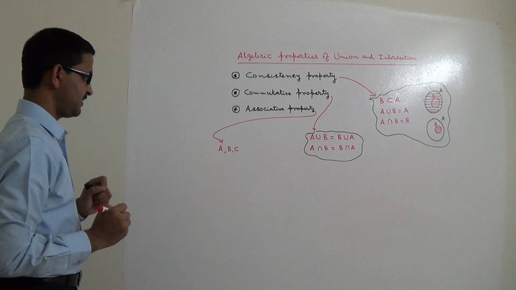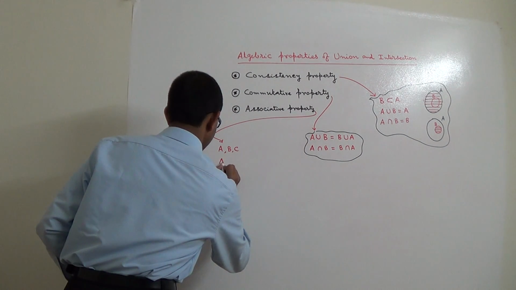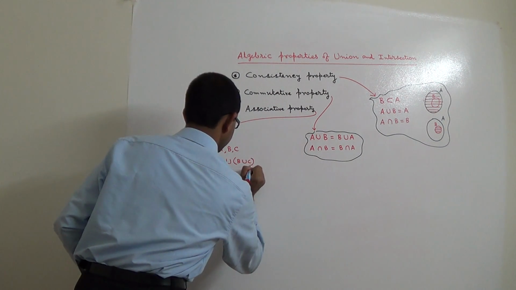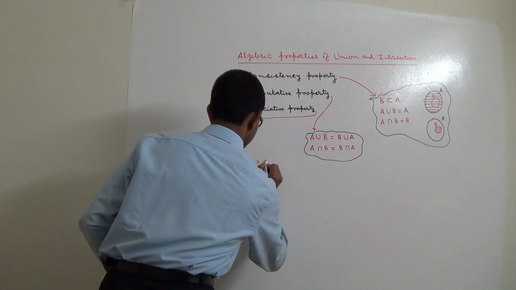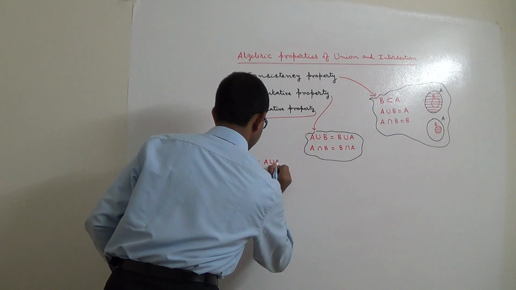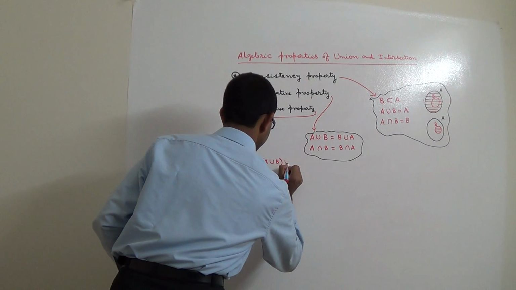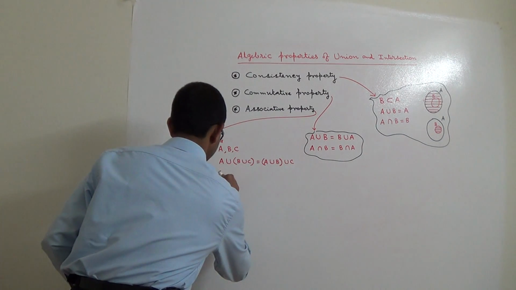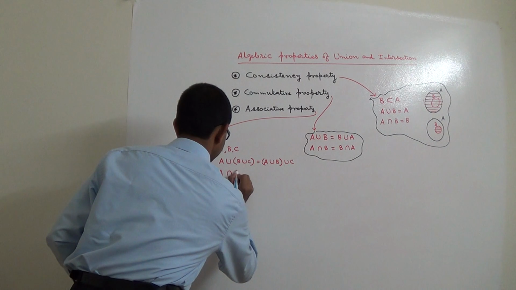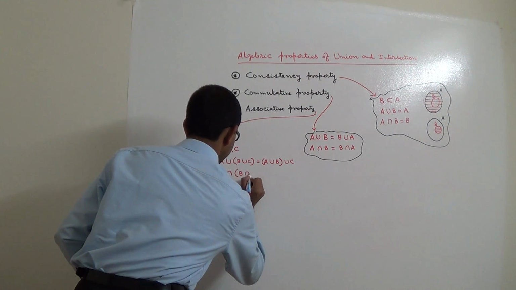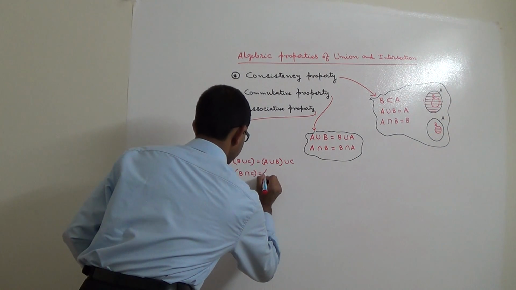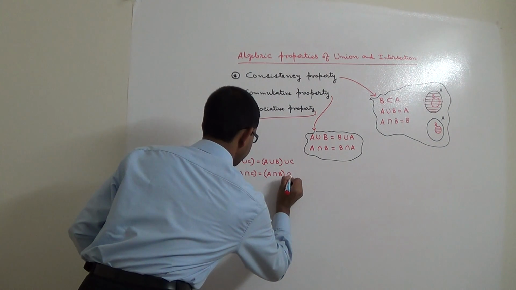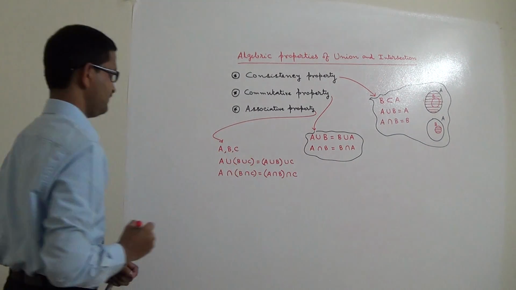Then the associative property tells that (A union B) union C is equal to A union (B union C), and (A intersection B) intersection C is equal to A intersection (B intersection C).